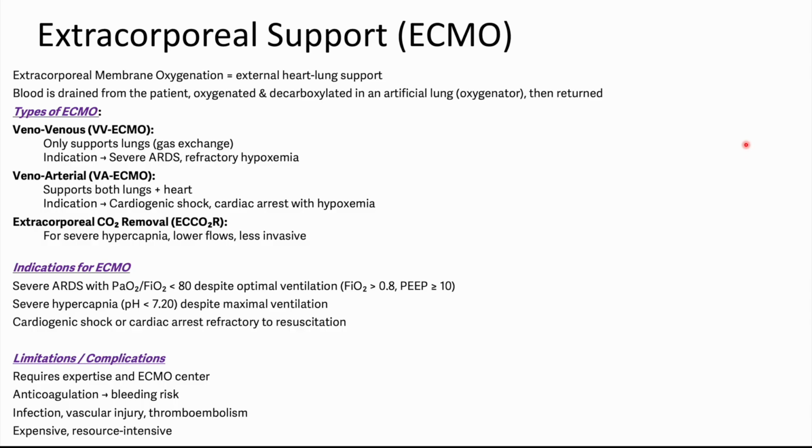So indications are severe ARDS, severe hypercapnia, cardiogenic shock or cardiac arrest refractory to resuscitation. You can't use the VA ECMO at the early stages. You should only use it when all the resuscitation has failed.